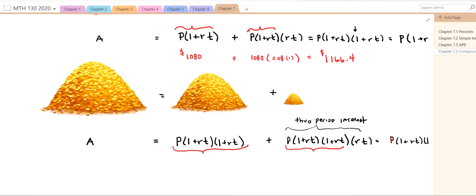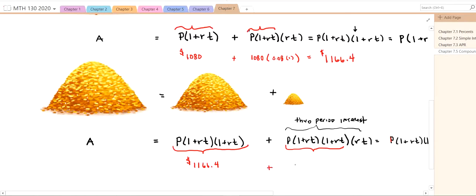Okay, scrolling down. So now I'm accumulating more. So this is $1,166.4. This is what I've accumulated now in the past 2 years.